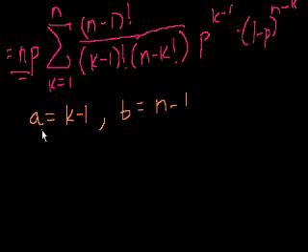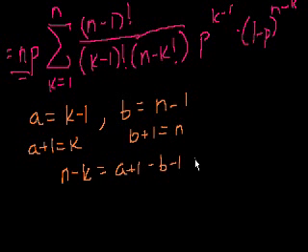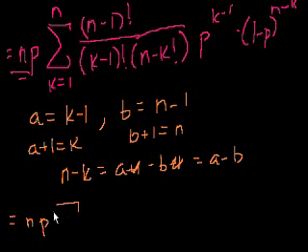If a is equal to k minus 1, then a plus 1 is equal to k. And here, b plus 1 is equal to n. So then n minus k would be equal to b plus 1 minus a plus 1, which is equal to, these would cancel out, b minus a. And let's see if we can simplify this. So this whole sum will then turn into np times the sum from, okay, when k is equal to 1, that's the same thing.